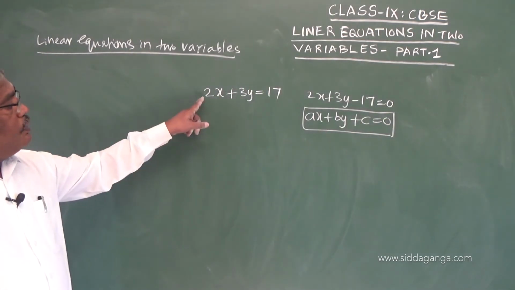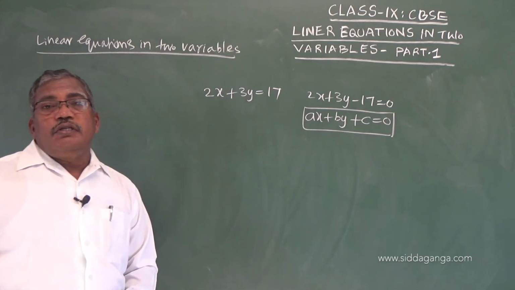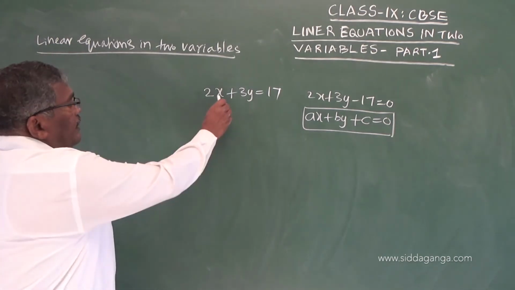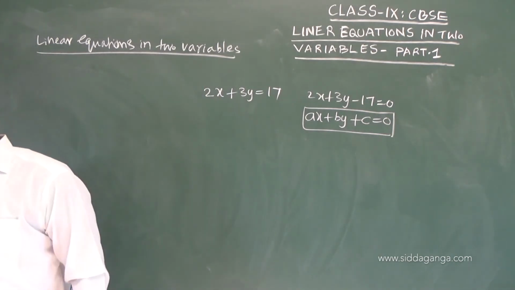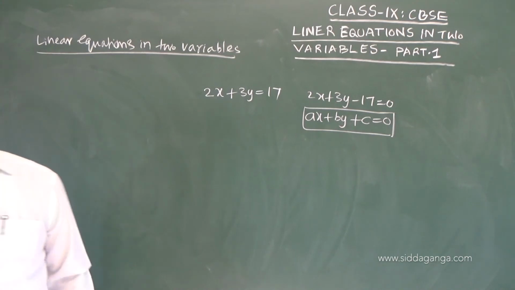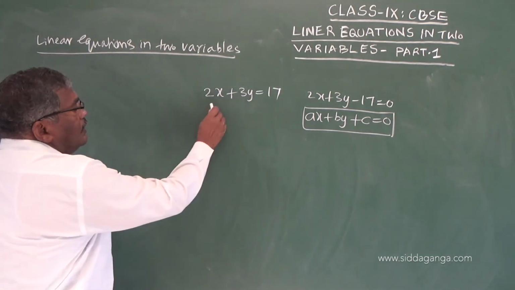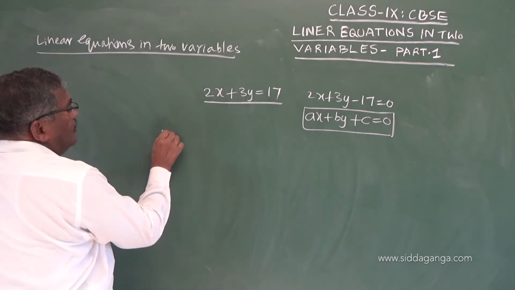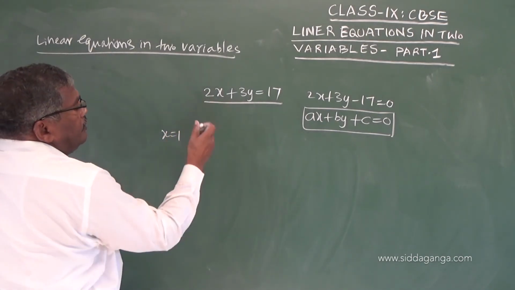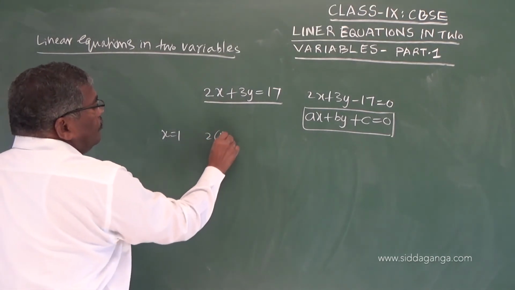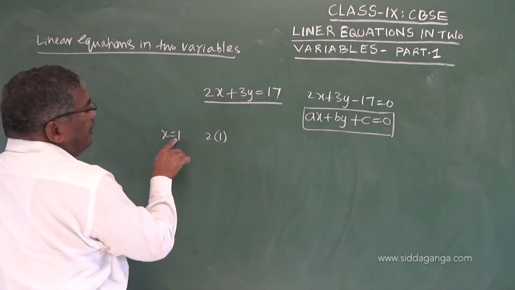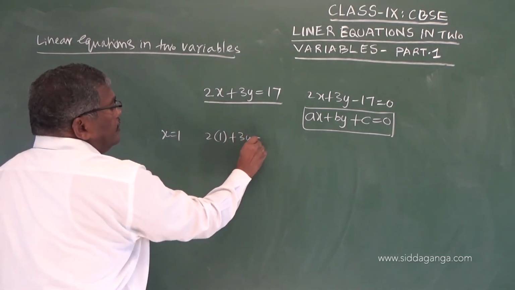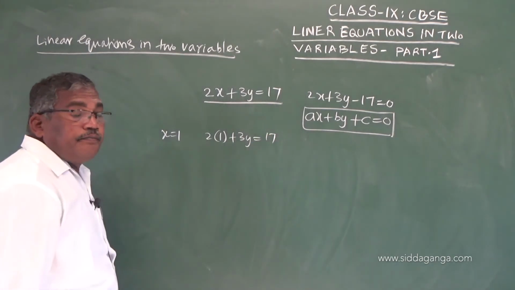So 2x plus 3y is equal to 17. So observe here, if I take different values for x, what will happen to y? You observe this equation. So when I put x equals 1, this equation becomes 2 into 1, instead of x I have taken 1, plus 3y is equal to 17.